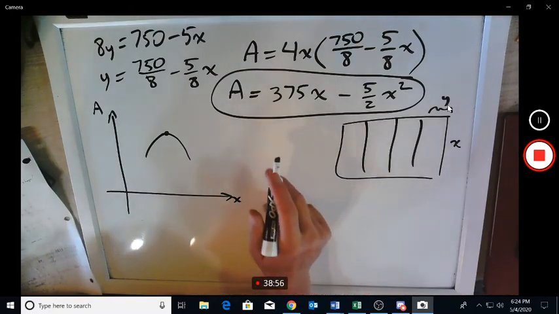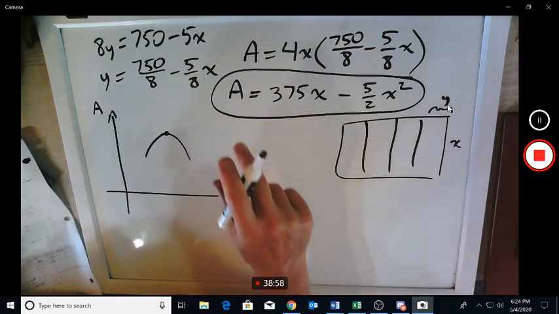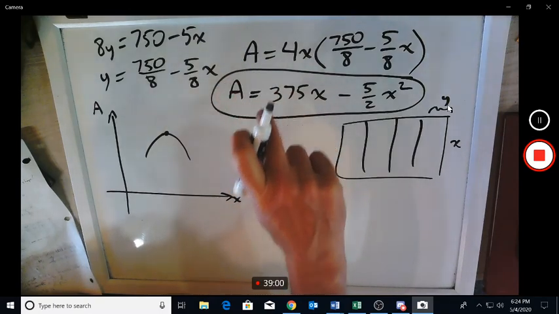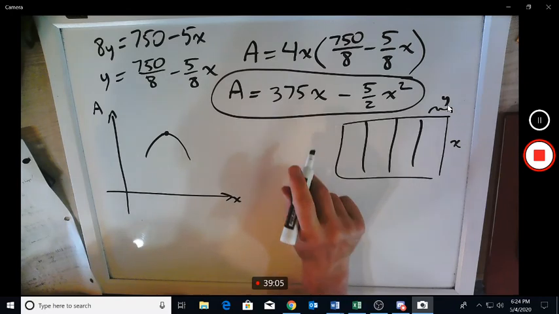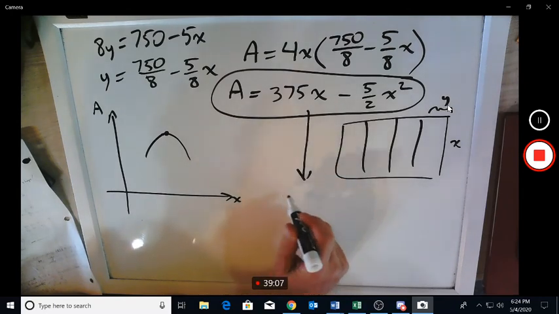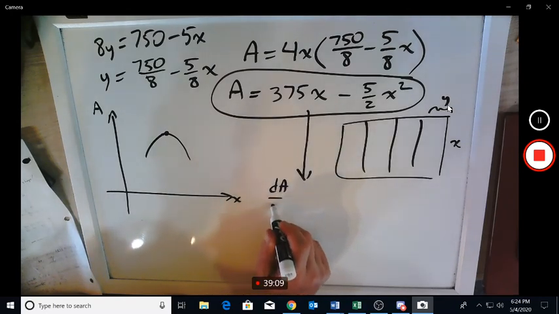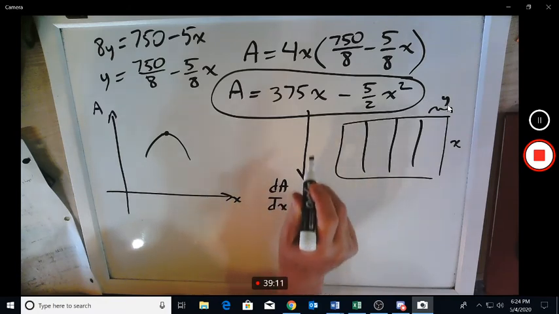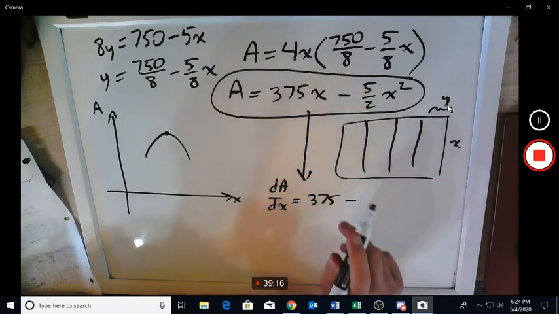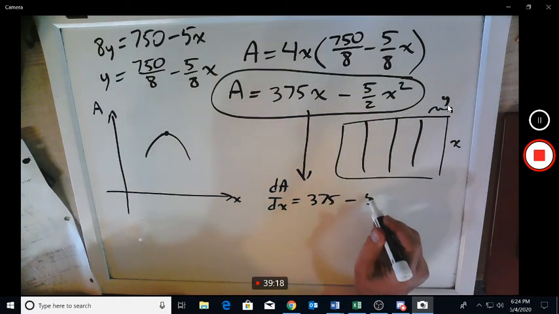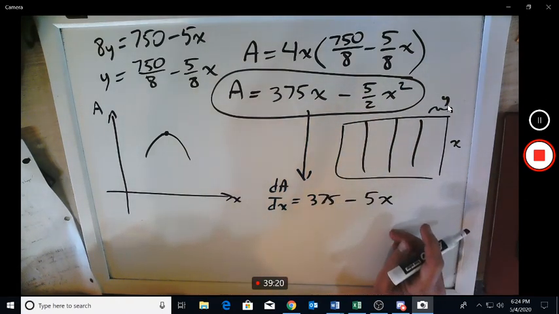So we can do that with calculus. Once we have our optimization equation written in terms of one input variable, we then can go dA/dx is 375 minus, and then multiply this, 5x.